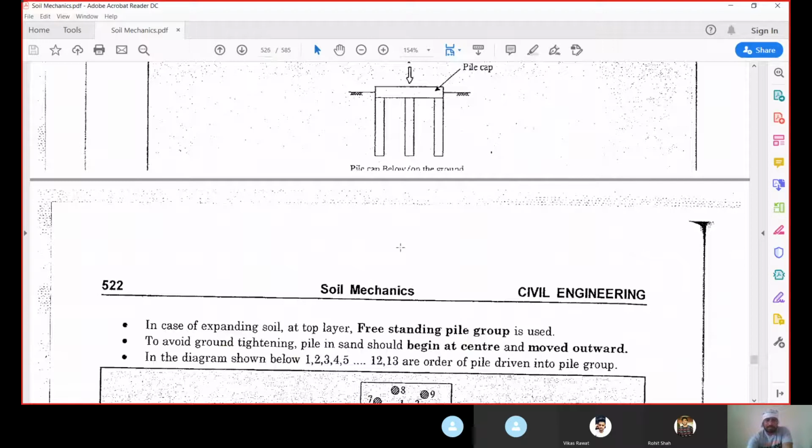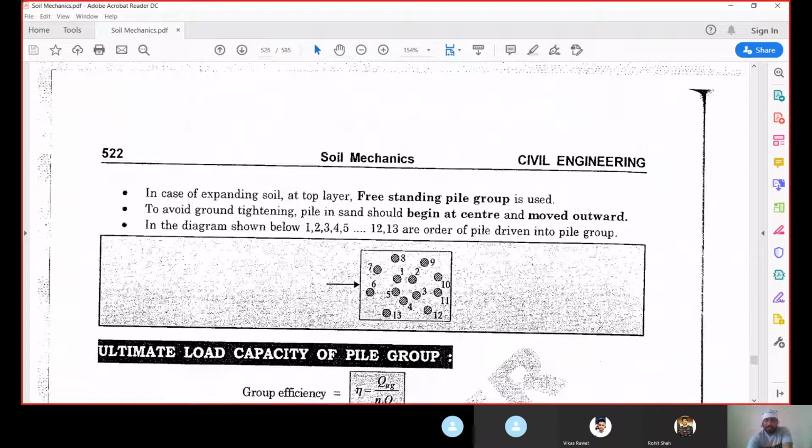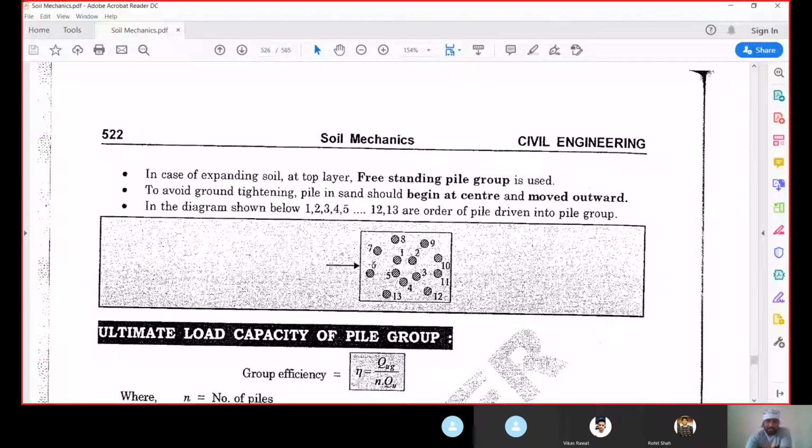Now, in case of expansive soil, most of the time a question may be asked about where we will use this, where you are installing piles inside black cotton soil, since black cotton soil shows swelling and movement outward. While installing piles we have to follow a typical arrangement, in a circular arrangement at the center of a particular block, in this fashion 1, 2, 3, 4, 5, then 6, 7, 8, 9, 10, 12, 13.